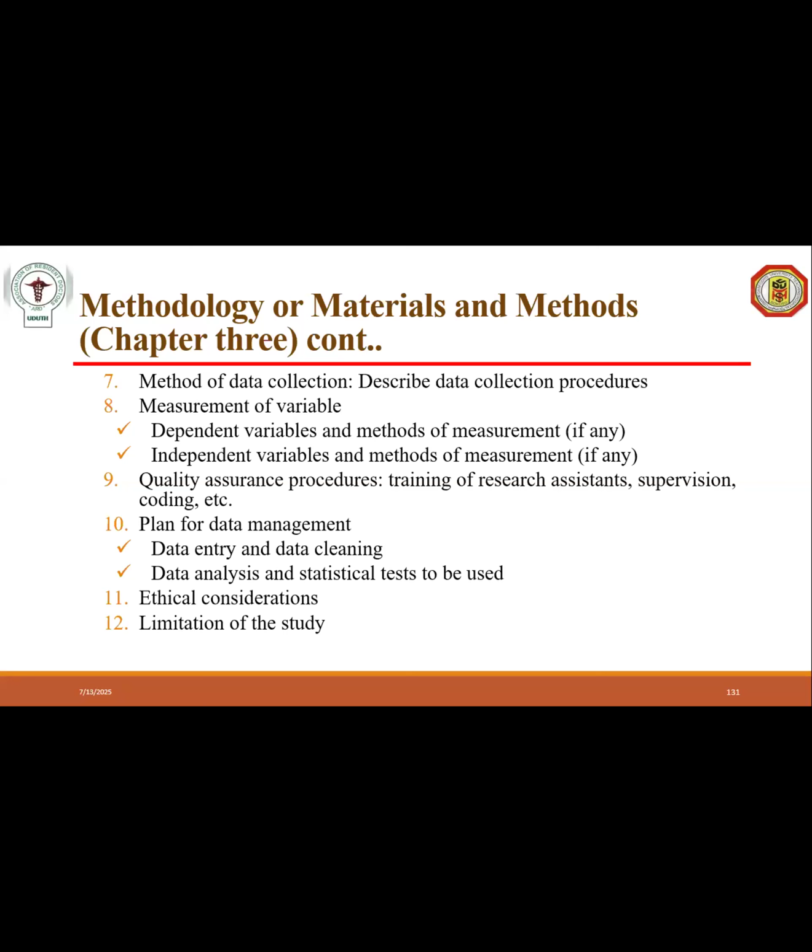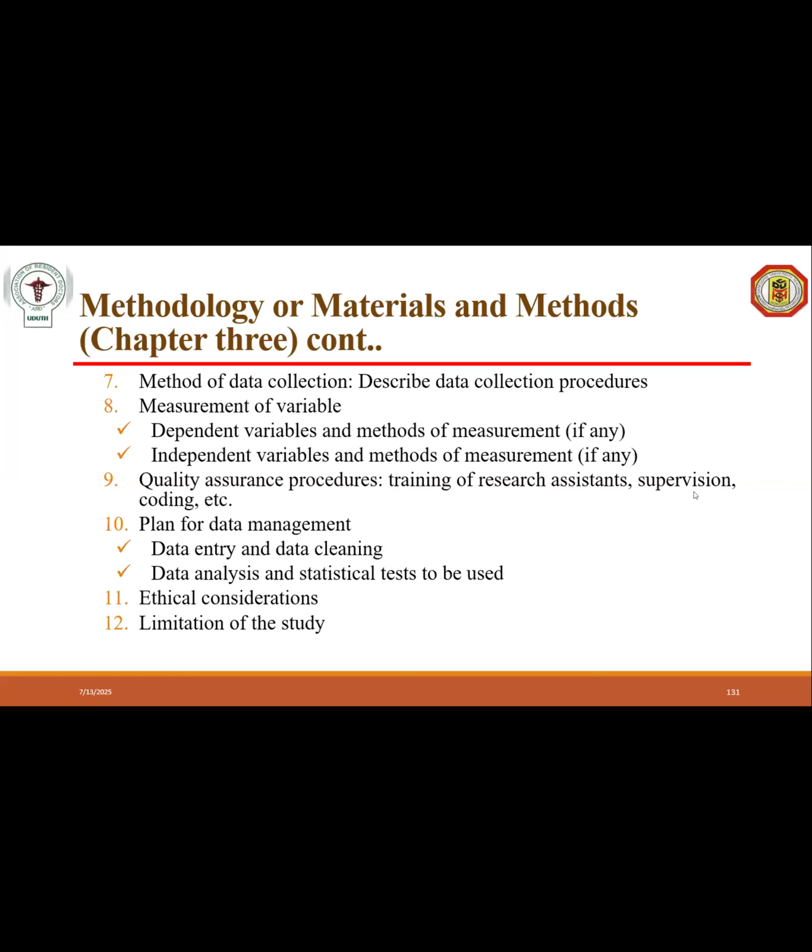Then the next thing is quality assurance procedure. How do you ensure quality of your data collection? How are you going to make sure that the data you are collecting is of good quality? You have to also describe that. So maybe you can say you made sure that the research assistants were trained by you.